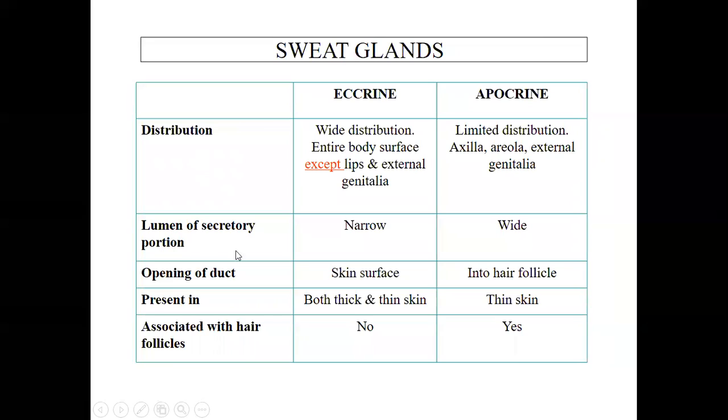The lumen of the secretory portion is narrow for eccrine and wide for apocrine. The eccrine duct opens onto the skin surface, but the apocrine duct opens into the hair follicle. Eccrine is present in both thick and thin skin, while apocrine is only present in thin skin. Eccrine sweat gland is not associated with the hair follicle.